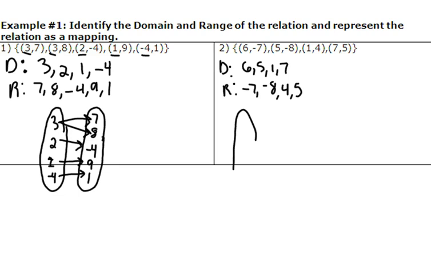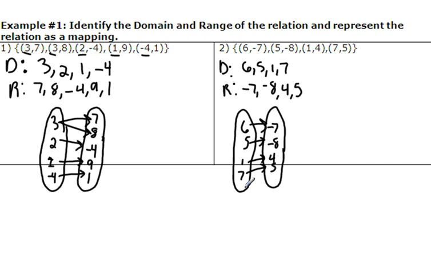So my mapping, I have 6, 5, 1, 7, and -7, -8, 4, and 5. My first ordered pair is 6, -7, so we draw arrows. 5, -8, 1, 4, 7, 5.